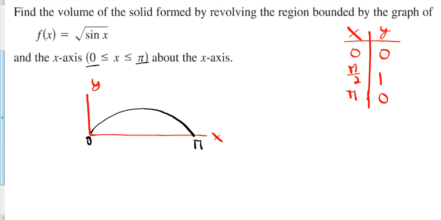So that's our region, and we want to take that region, this area, and spin it out towards us. We want to rotate it this way around the x-axis. Let me see if I can show you. This is an arrow rotating around the x-axis, flipping it out towards you and then around.